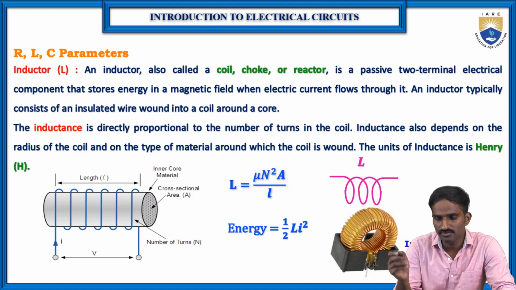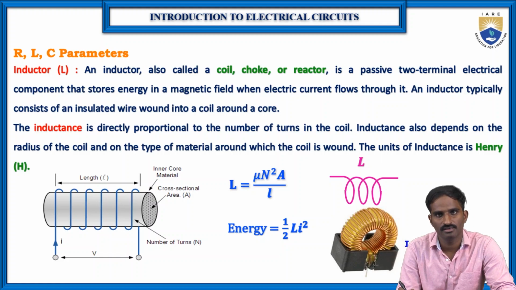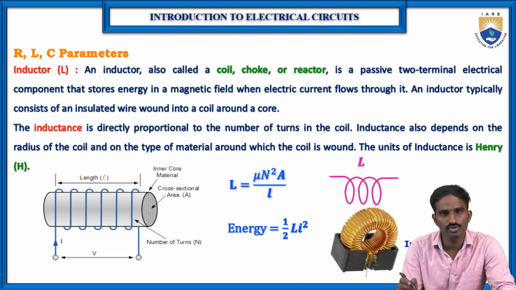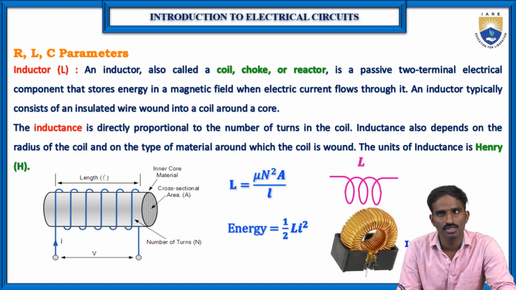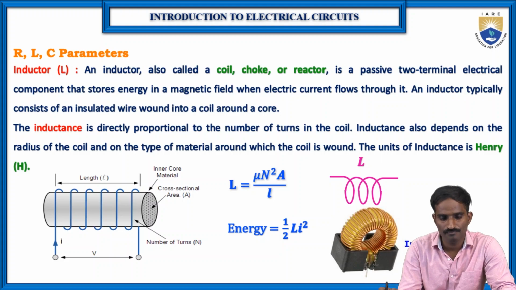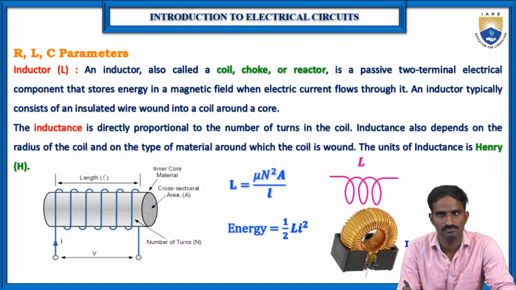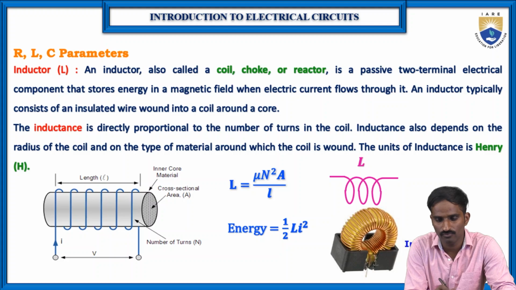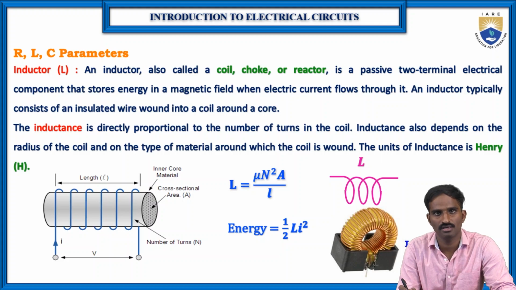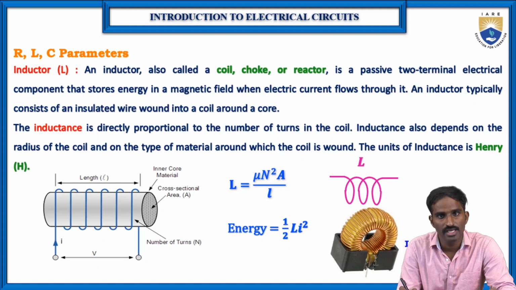The major use of the inductor is, it is also a passive element and it also has two terminals. It stores energy in the form of a magnetic field when an electric current is flowing through the inductor.